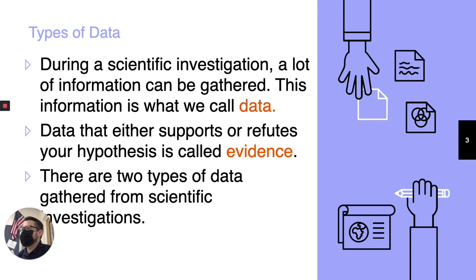Now, scientists always say it in terms of support and refute because, as we've said, scientists can't be 100% certain on things. They might be like 99.999% certain, but they always want to leave that window open. So the data simply tells us, yeah, we're on the right track, or no, we're not on the right track. We don't want to say, yeah, this one experiment just proves everything or disproves everything.